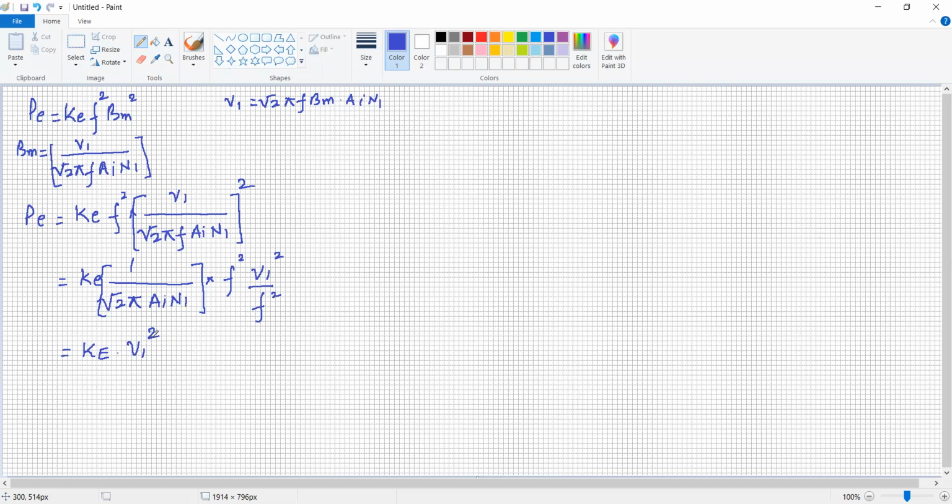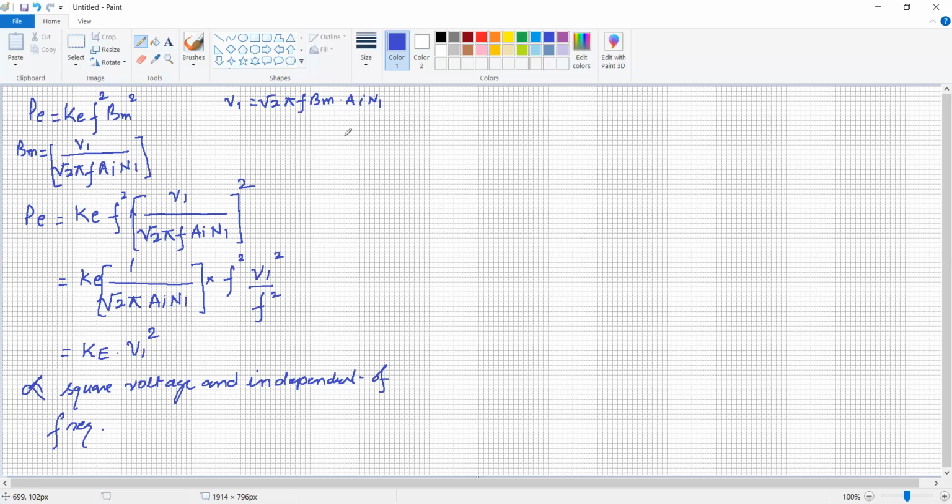So we can say that the eddy current loss is proportional to the square of the applied voltage and independent of frequency. There is no frequency term here.